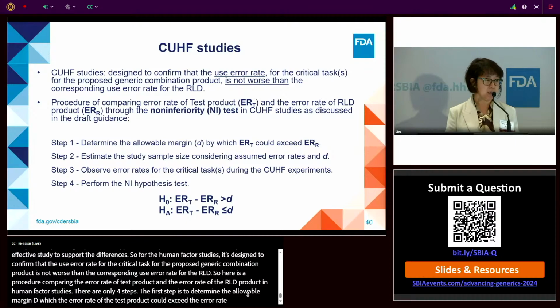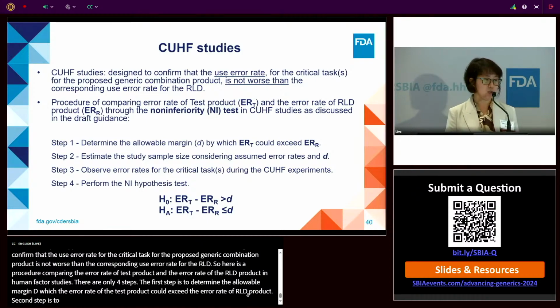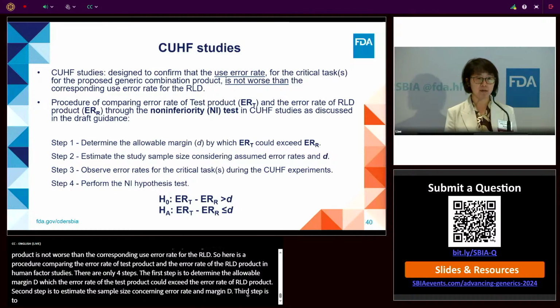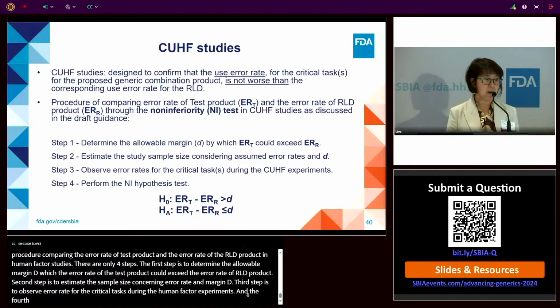The second step is to estimate the study sample size, considering assumed error rates and the margin D. The third step is to observe error rate for the critical task during the human factor experiments. And the fourth step is to perform the NI hypothesis test. So I will introduce the details of each step in the following slides.